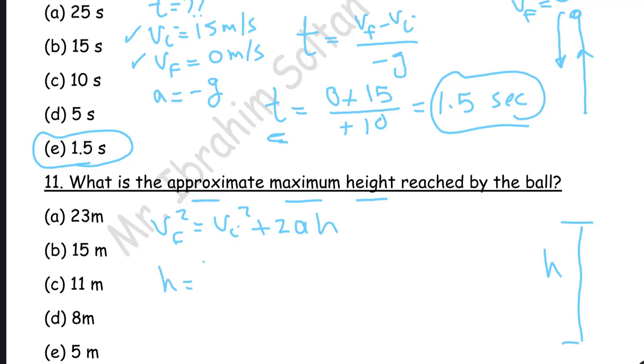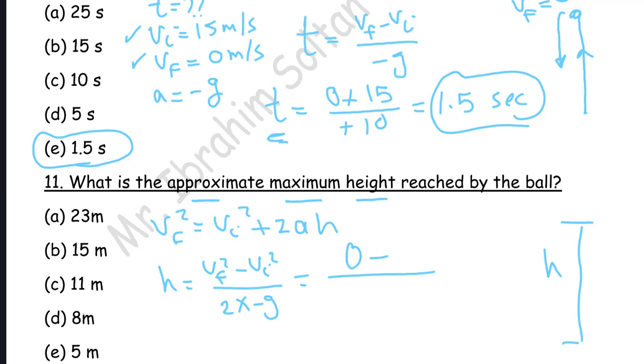So h equals v final squared minus v initial squared over 2a. But instead of a, it is negative g, because the object is going up, opposite to the direction of gravity. So v final squared equals 0 minus v initial squared.